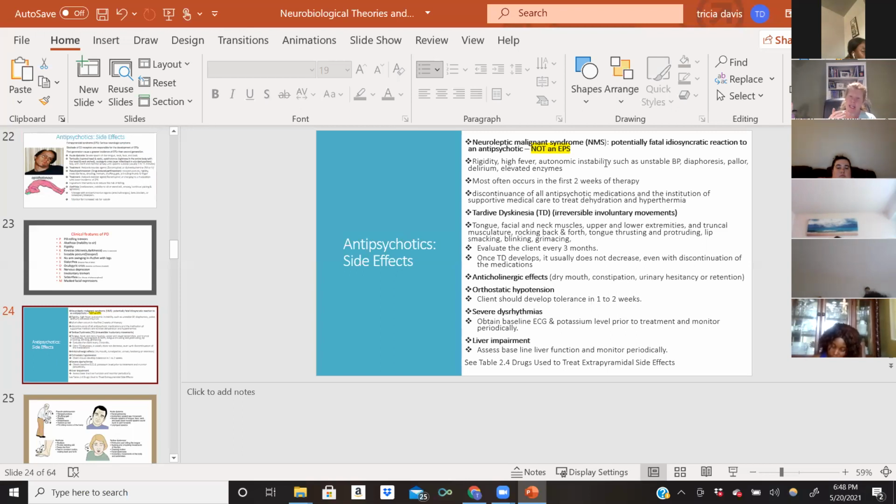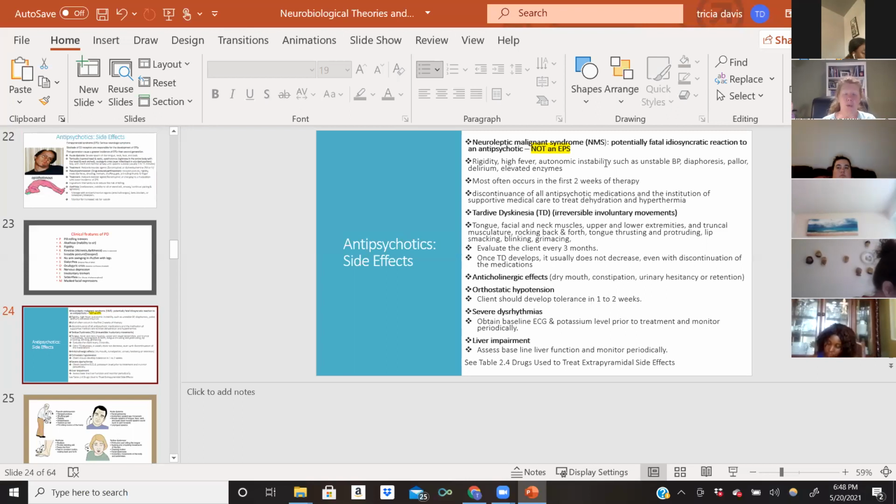A lot of these medications will cause anticholinergic effects: dry mouth, constipation, urinary hesitancy, or retention. Some of these antipsychotics cause orthostatic hypotension. Usually this will resolve itself within 1 to 2 weeks of therapy. You can have severe dysrhythmias.